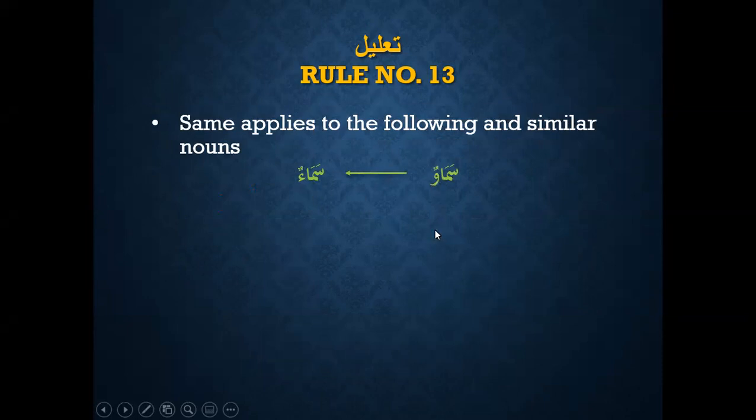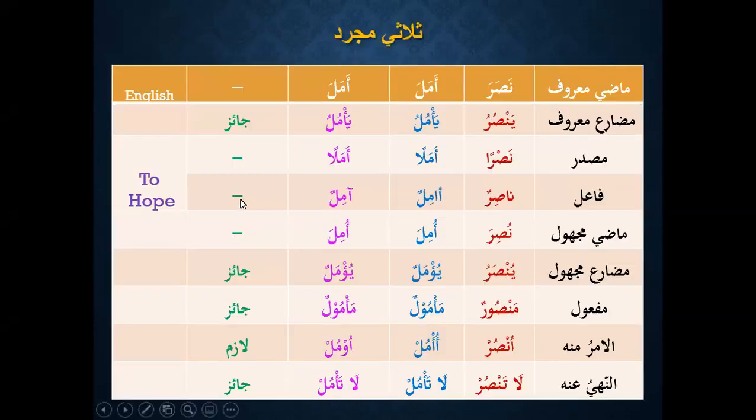Sama'un becomes sama'un, bina'un becomes bina'un. Then with hamza, we have done the rule. If you apply those two different examples, you would see where there are two hamzas together, you have to change the second hamza into alif, waw, or ya. That's a must.